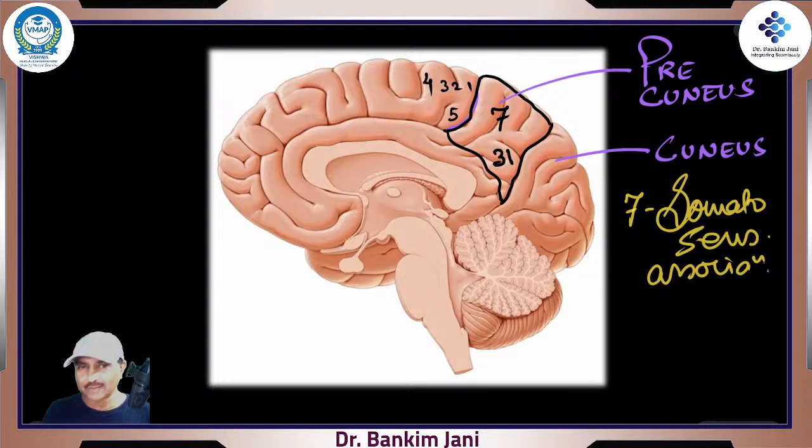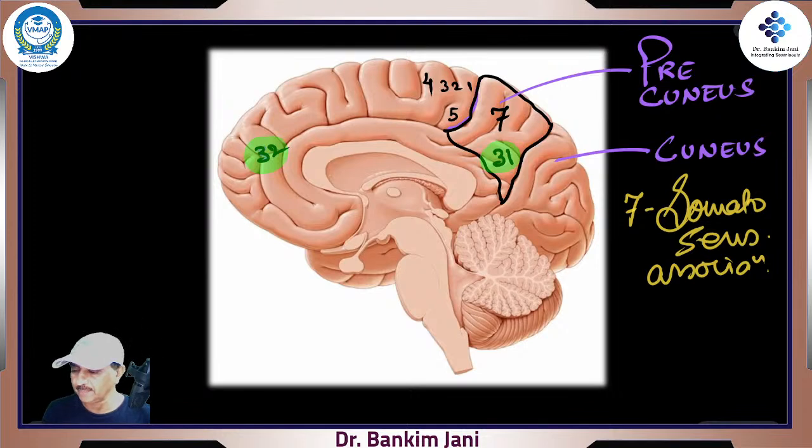The moment we say 31, we do remember area 32. Area 32 was over here, and this is 31. That was the dorsal anterior cingulate cortex. This one would be the dorsal posterior cingulate cortex. Focus on this one and this one.